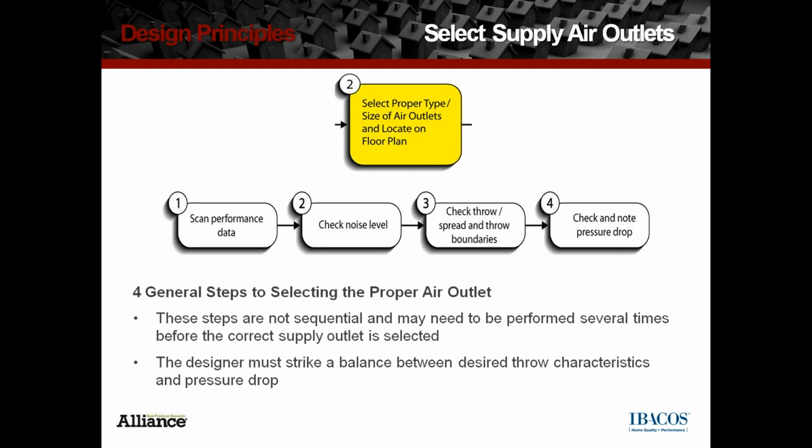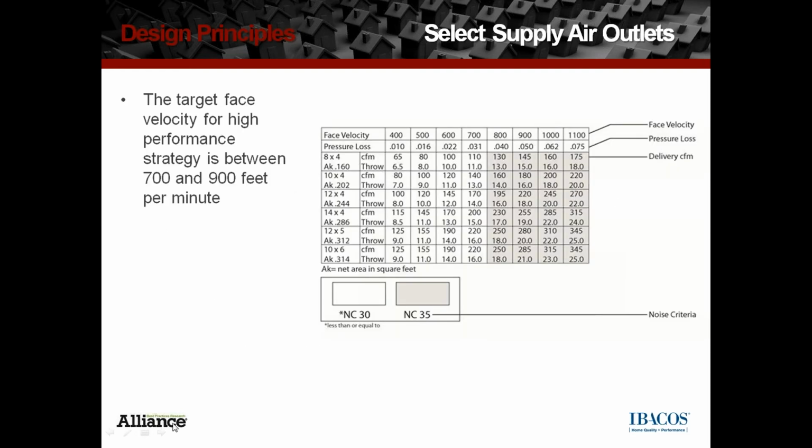So you're going to scan the data, check the noise level, check the throw and spread, and check the pressure drop. And where do you check that? It looks something like this. This is the way the manufacturer presents the data to you. The far left-hand column is the size of that register or outlet. The upper row is the face velocity.